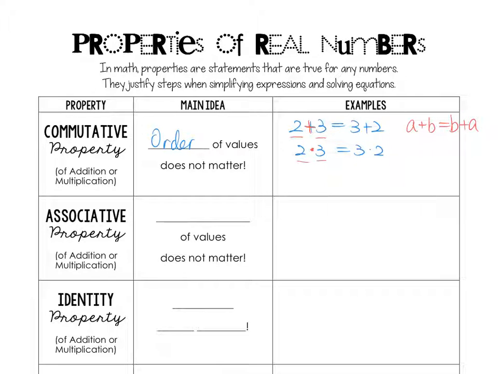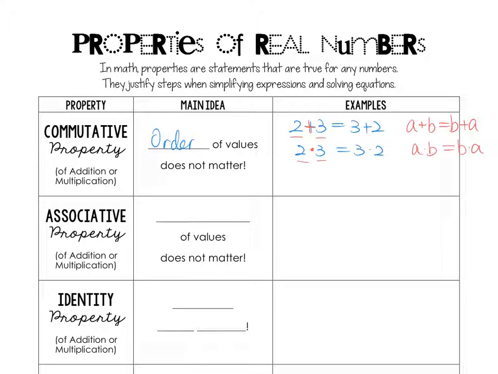So a term is separated by one of the 4 operations. In algebra, we say A plus B is the same as B plus A, and A times B is the same as B times A. Order here does not matter.